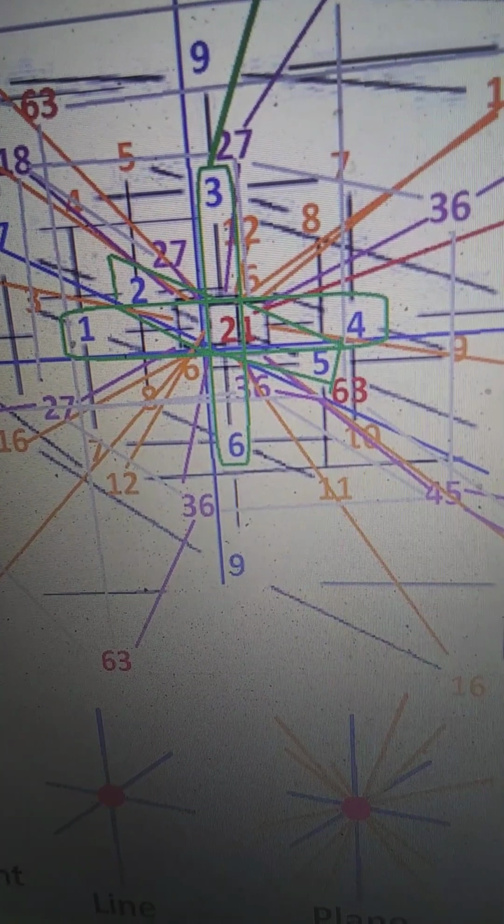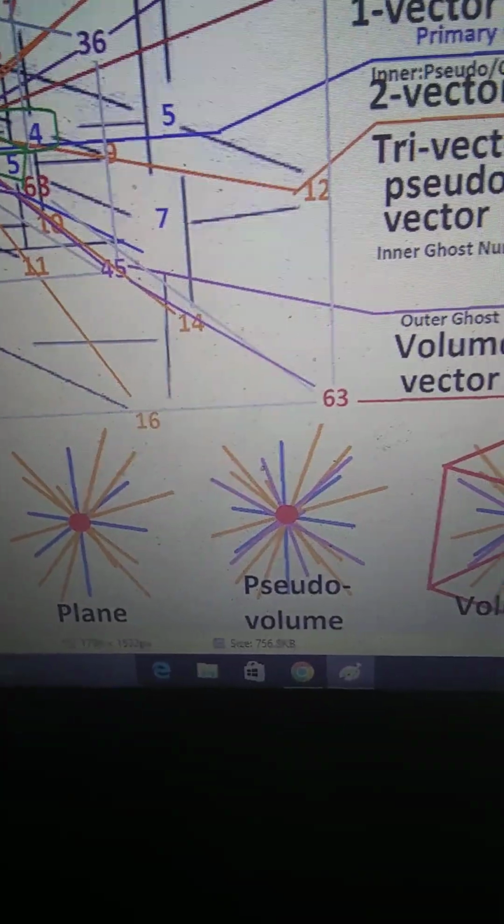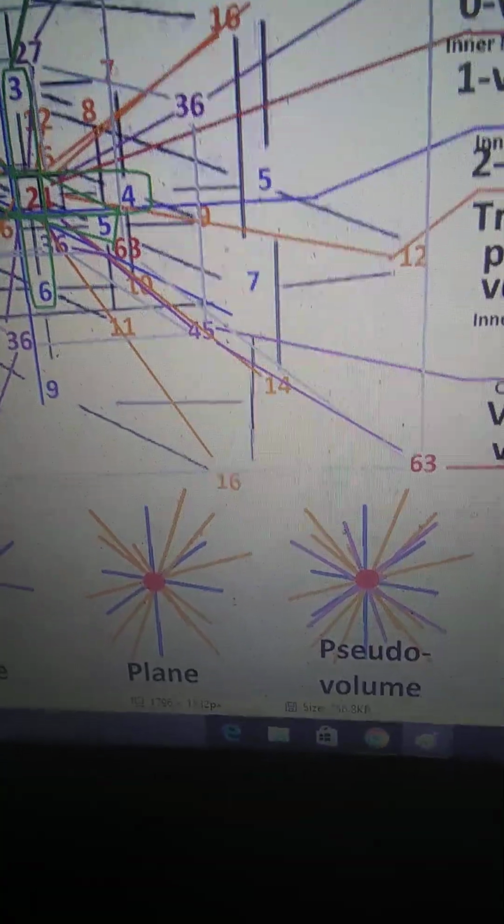The inner planes, triple planes, that's the pseudo-vectors.